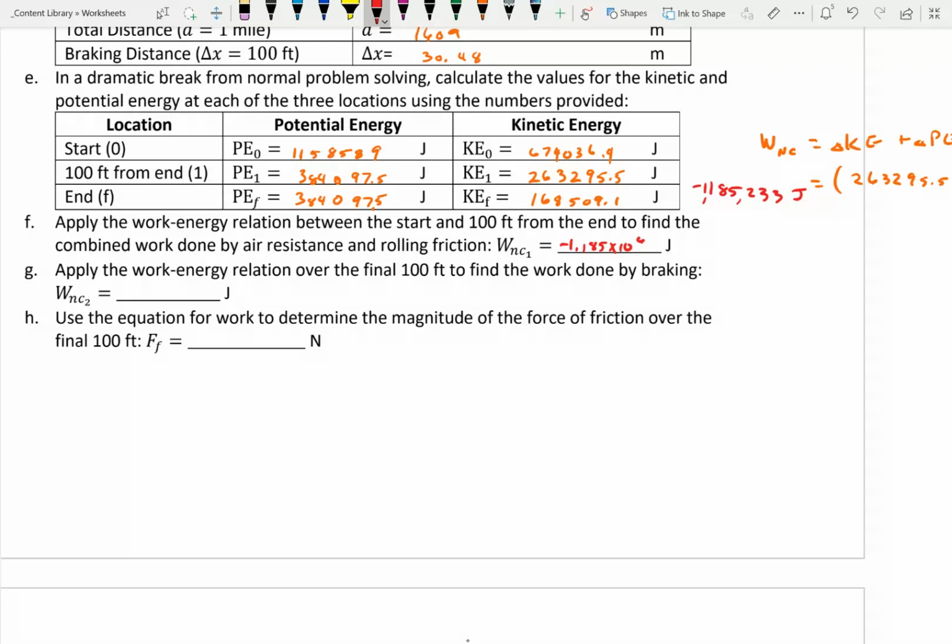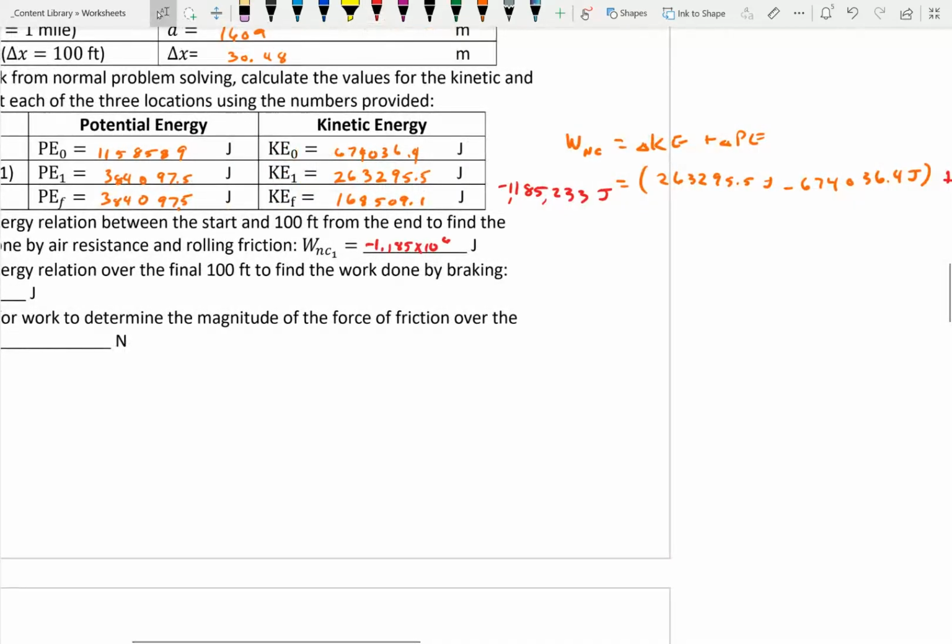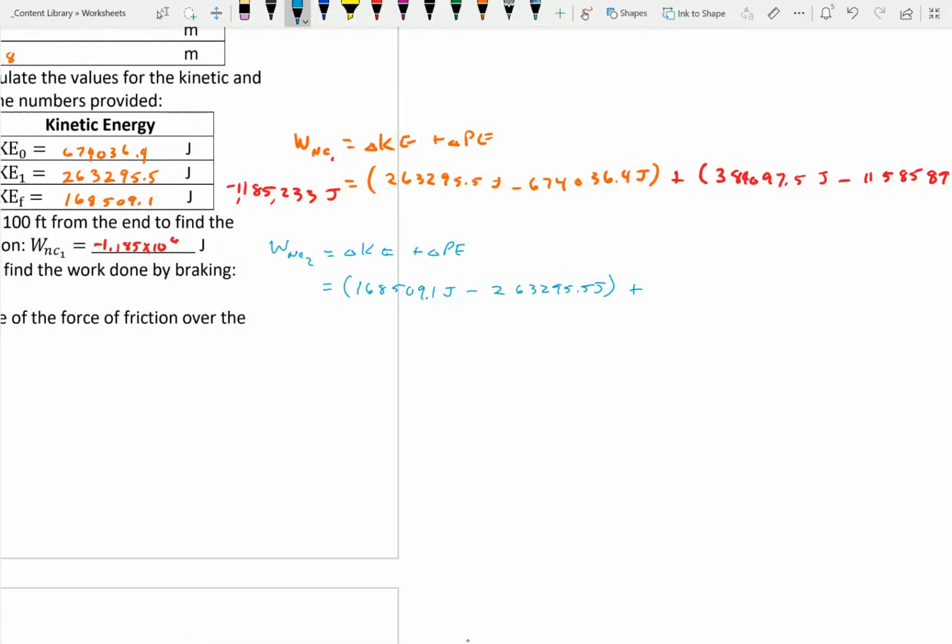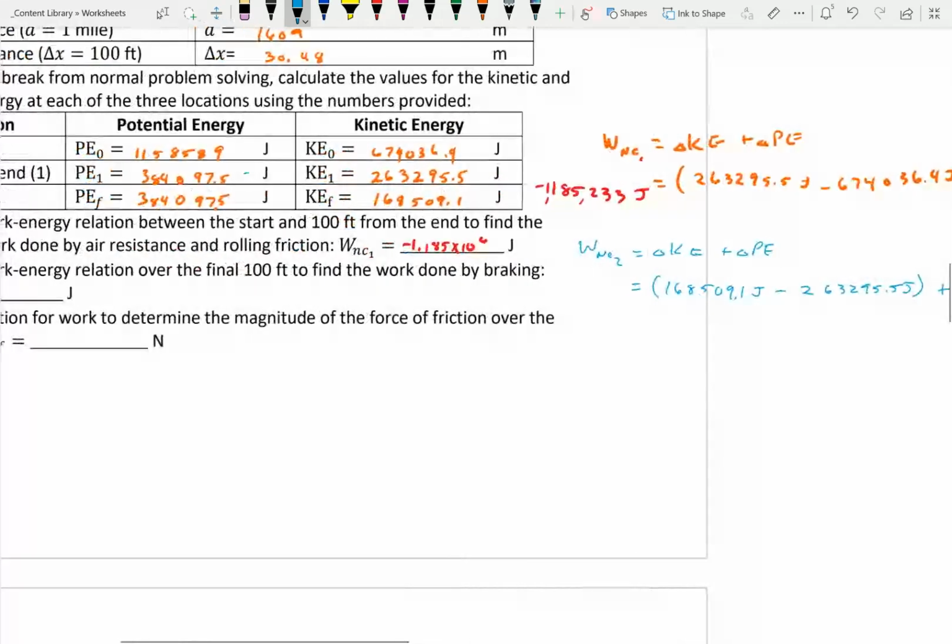Apply the work energy relation over the final 100 feet to find the work done by braking. So now we just do the same thing. Work non-conservative 2. So that's going to be final kinetic energy, 168,509.1 joules, minus the intermediate one, 263295.5 joules, plus the change of potential energy, which is 0 because these are the same value.